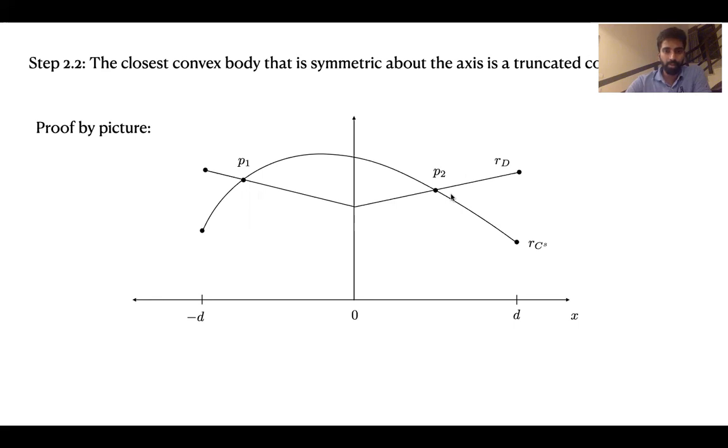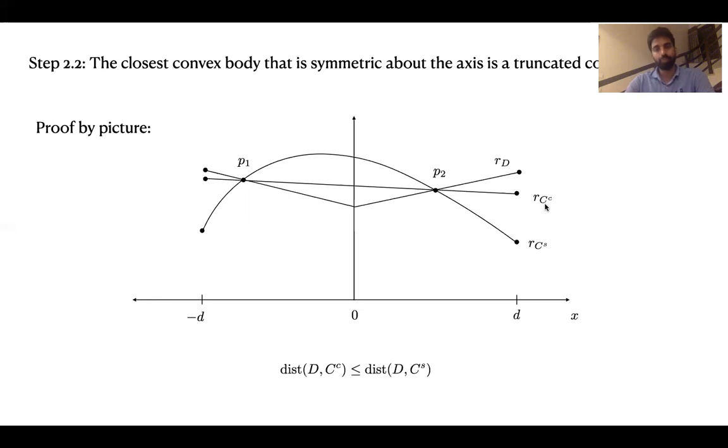Now draw a line joining P1 and P2, and let that function be RCC. This radius function would define a truncated cone because the radius is changing linearly.